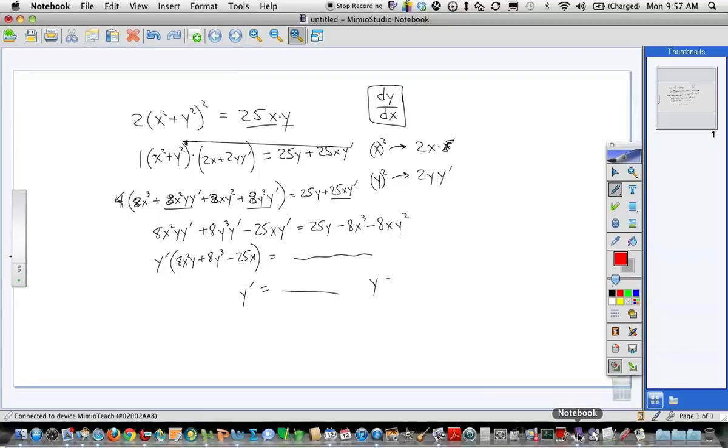So the final equation came out to be, well, you had it in the back. What did they get for the slope? 2/11.